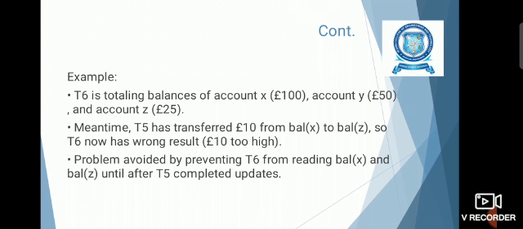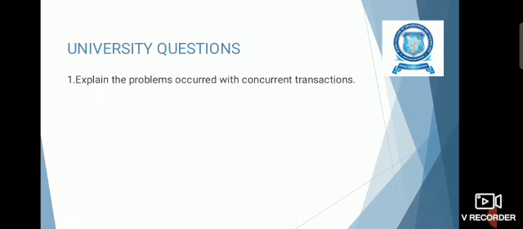So this is an example for the incorrect summary problem. This problem can be avoided by preventing T6 from reading the balance of X and the balance of Z until after T5 has completed its updates.